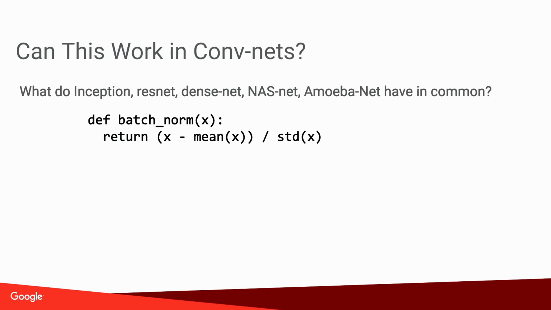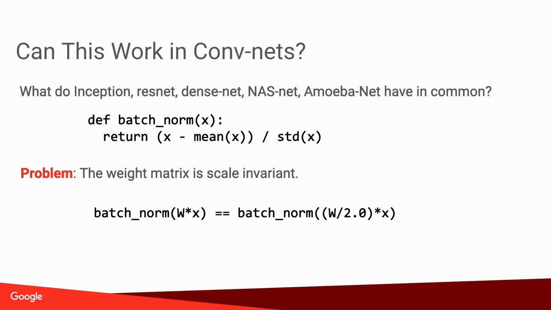Of course, this is a toy example, and it has the characteristic that it's from before batch norm existed. So I think, as far as I know, all or most modern architectures will have batch norm. Batch norm is wonderful, but it has the interesting property that the weight matrix is now scale invariant.